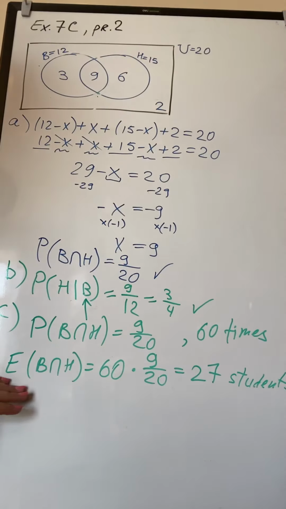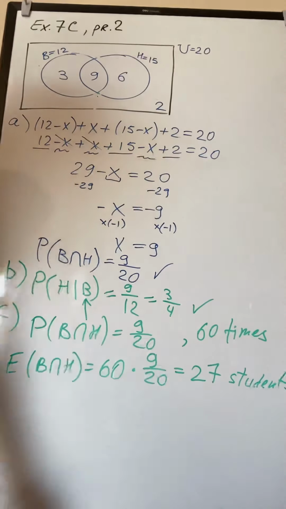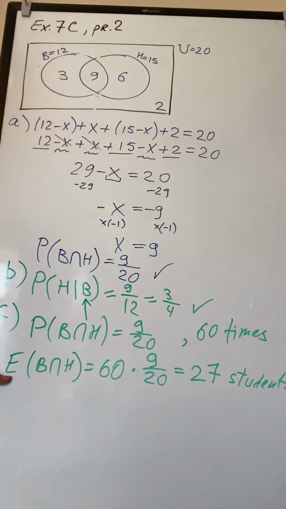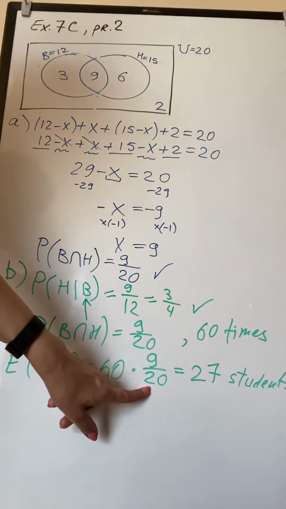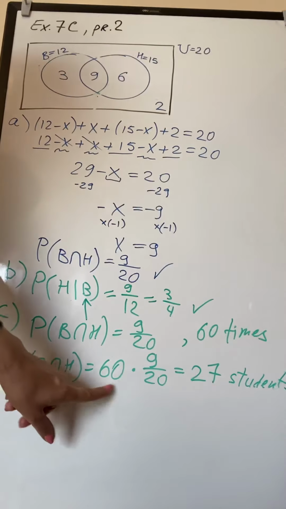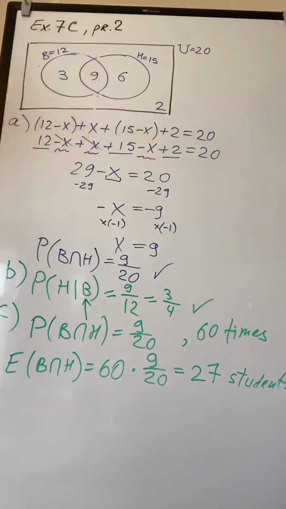But the expected number of students that you might end up with, and very likely to end up with, is 27 or around 27. So we call it expected probability. Okay, so it's not experimental probability. This is expected. Generally, we're saying that for one event is 9 in 20, but repeated 60 times, we should end up with 27 students.